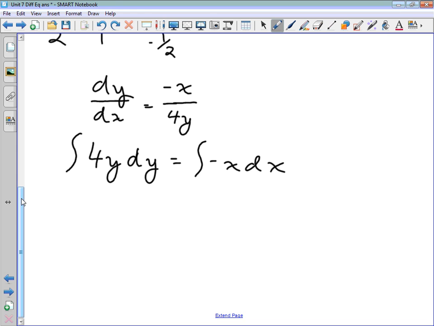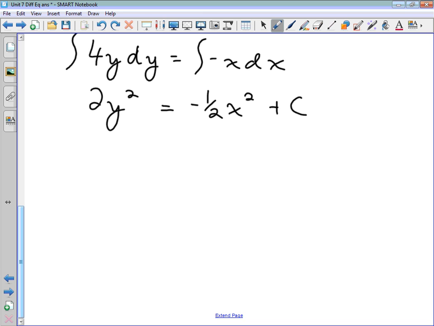If we integrate on the left and the right-hand side, we're going to have 2y squared equals negative 1/2 x squared plus a constant of integration, where we've combined our two constants of integration into one constant of integration. And now we want to solve this for y. Or can we?